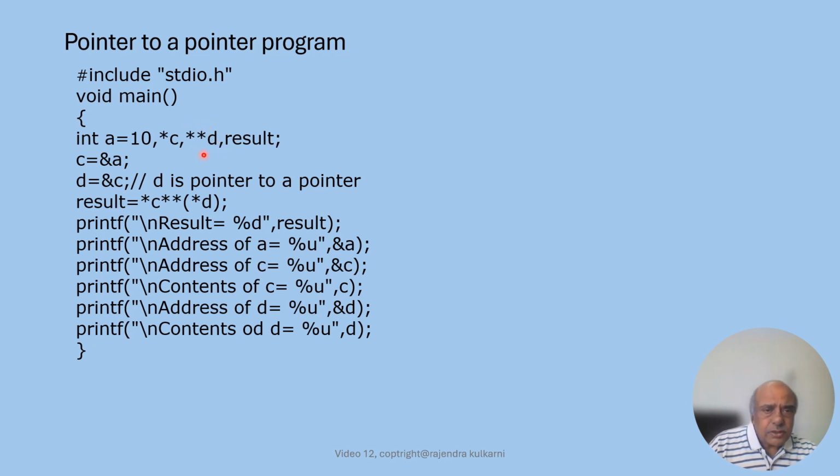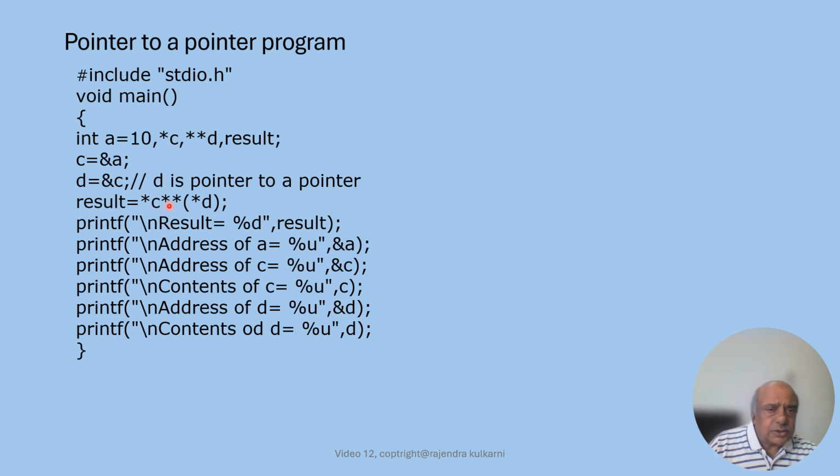That it is a pointer variable to which another pointer variable's address will be assigned. c is equal to ampersand a; ampersand a causes assignment of the address of a to c. d is equal to ampersand c. So the pointer c's address is being assigned to d, another pointer variable, which happens to be a pointer to a pointer. And now what we are doing here is result is equal to star c.